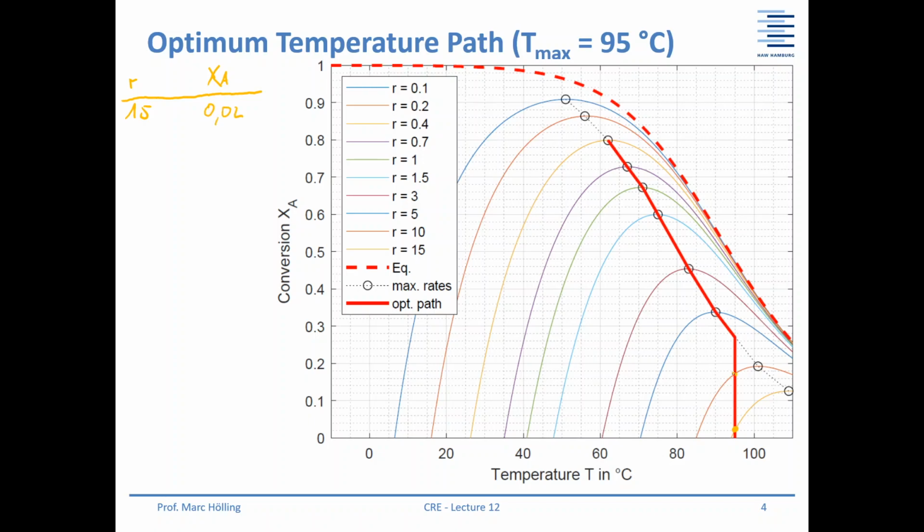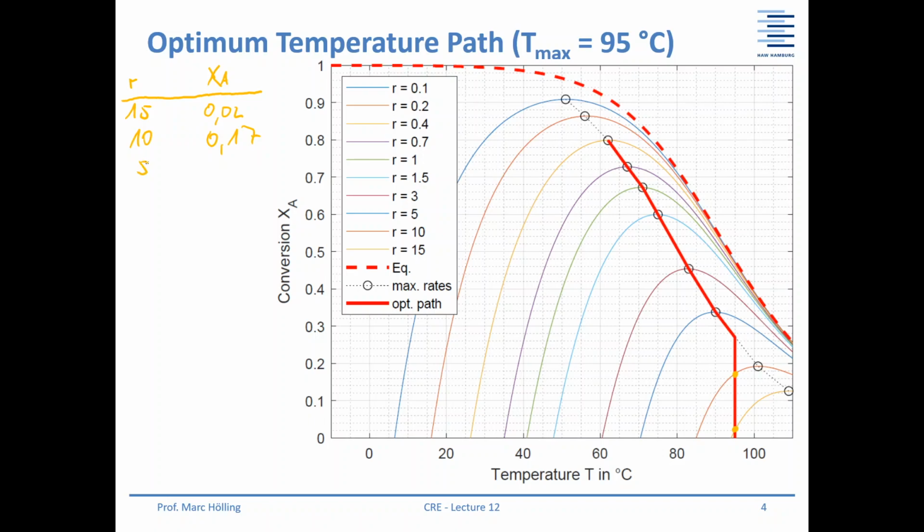Okay, then next point, what can we see here? The reaction rate now is 10. You just look it up in the legend. So R is 10, and here it's about 17%. And then again, the next thing is the blue line.